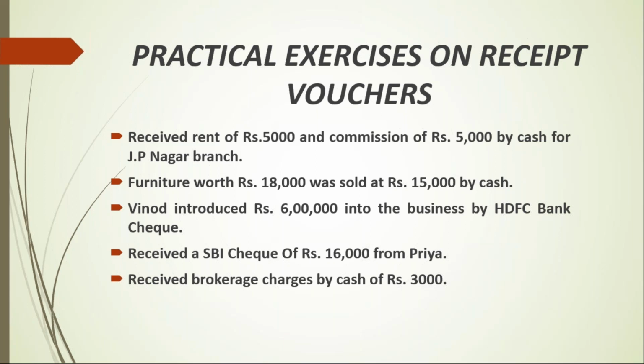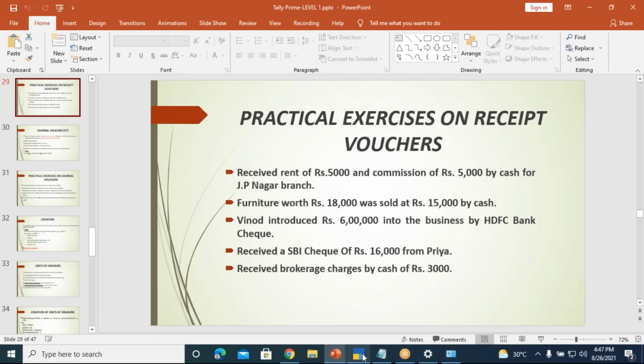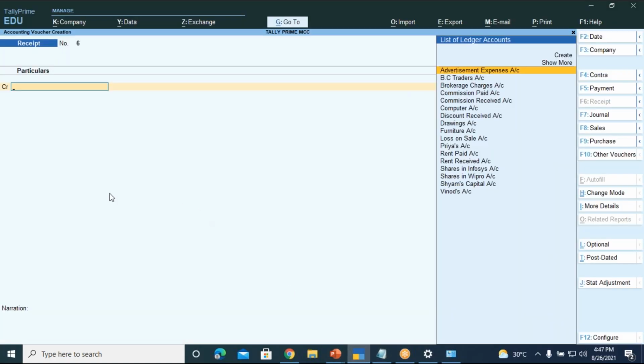Or I'll take the same entry, received a State Bank of India check of 16,000 from Priya. Okay, so here I can view how the bank allocation screen appears. Now, received a check of 16,000, ma'am, from Priya. After typing the debit and credit, what is the doubt you're having?